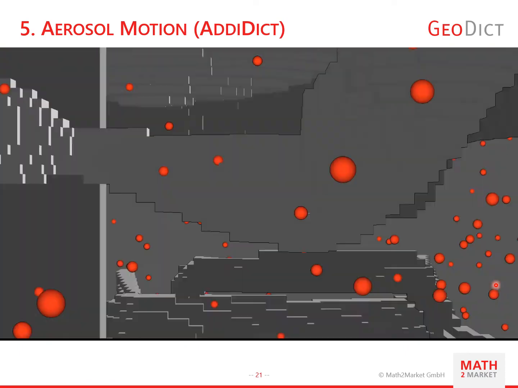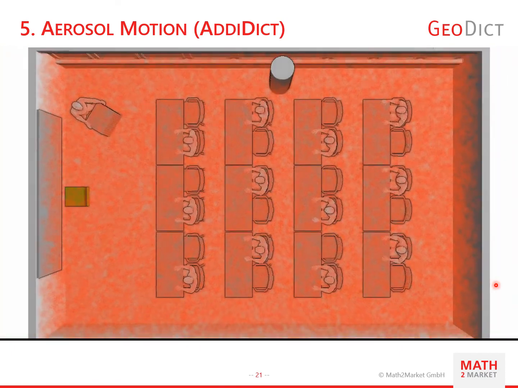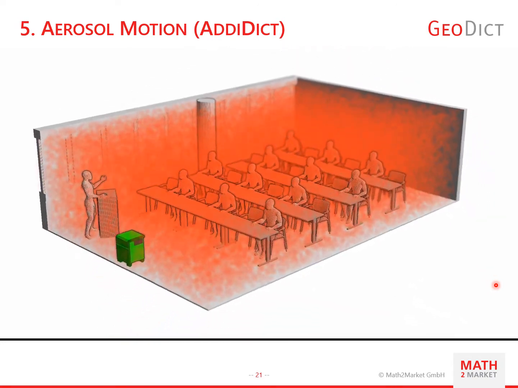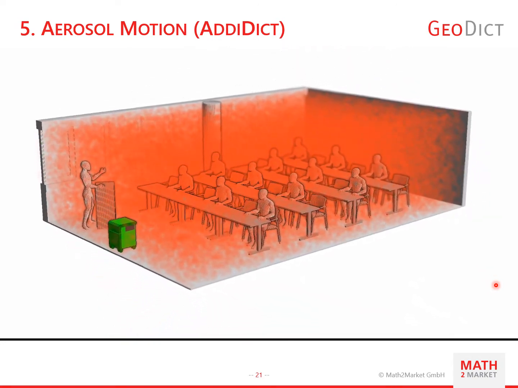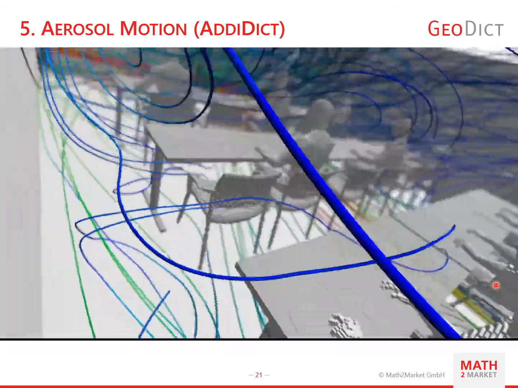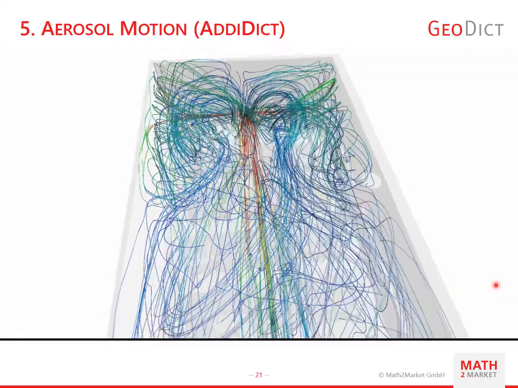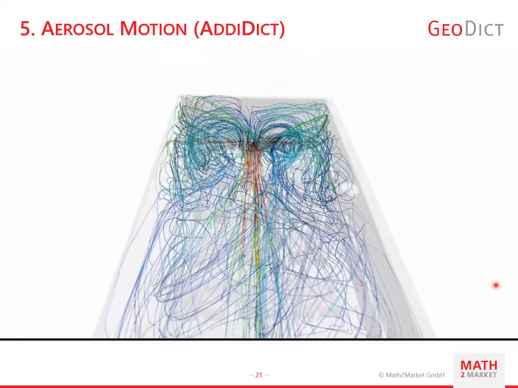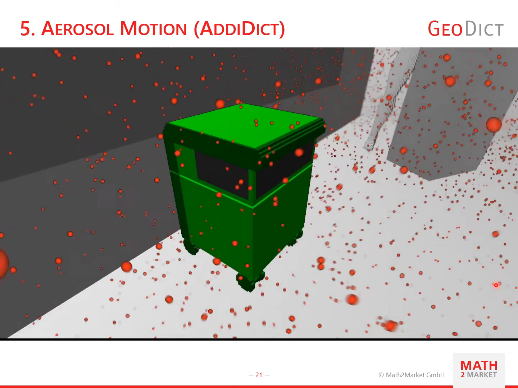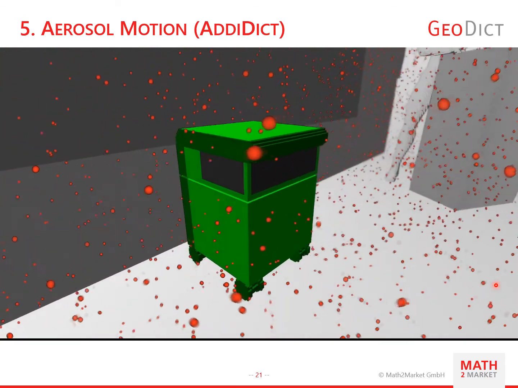And here we do the tracking of aerosols with the AddiDict module of GeoDict. We can observe here, when we start the simulation or when the air purifier starts to intake the air, of course we see the streamlines, how the flow will be taken into the air purifier.